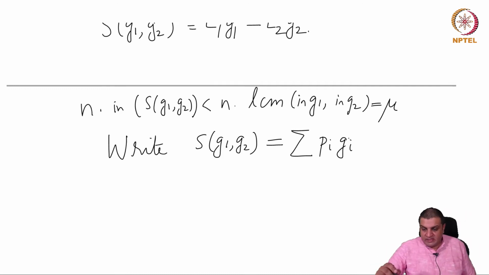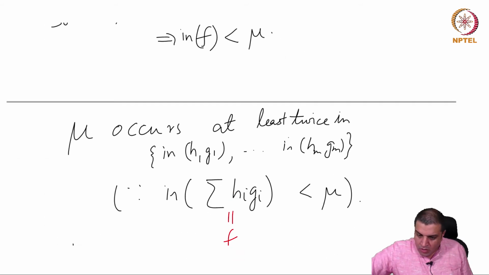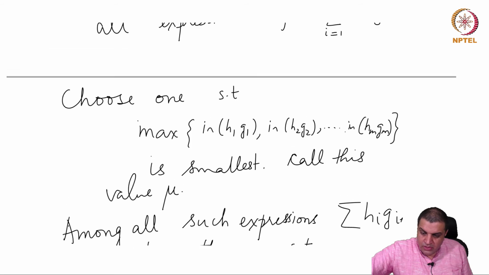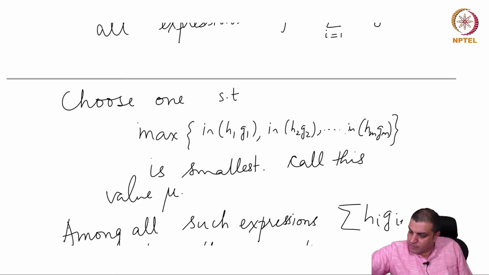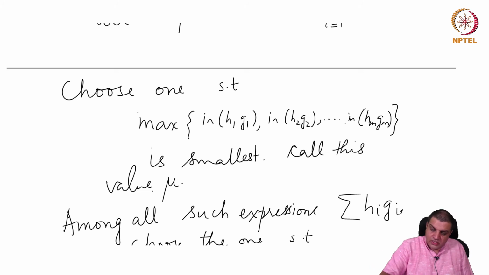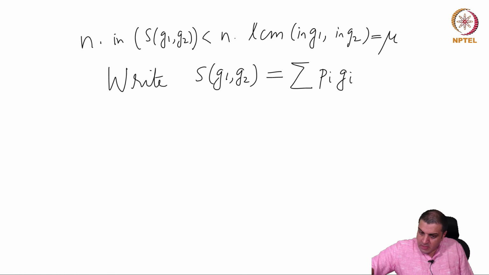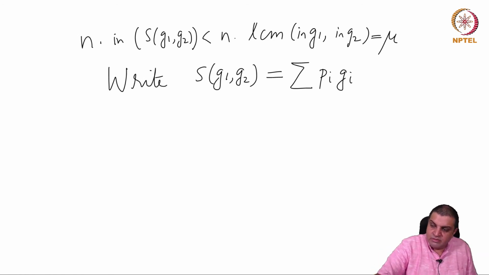Its initial term is strictly less than mu. Hence, how was mu chosen? Among all such elements whose initial term is not inside the ideal generated by the initial terms of the Gi, choose an expression of this form such that this is smallest and its value is mu.